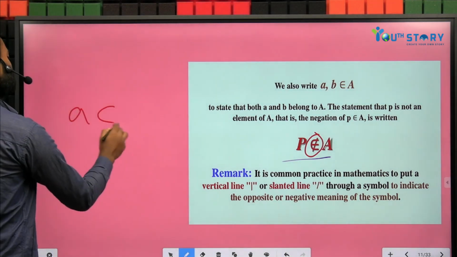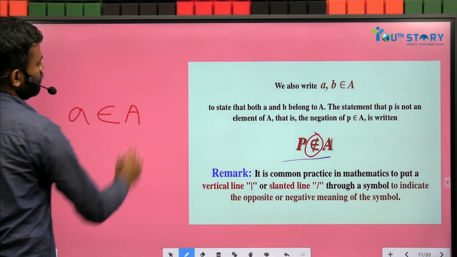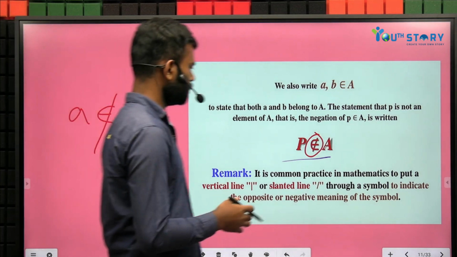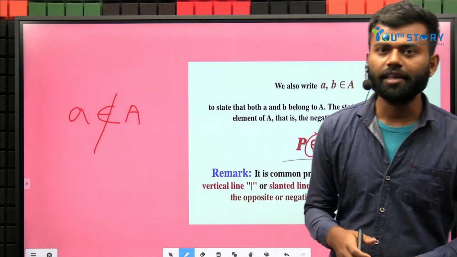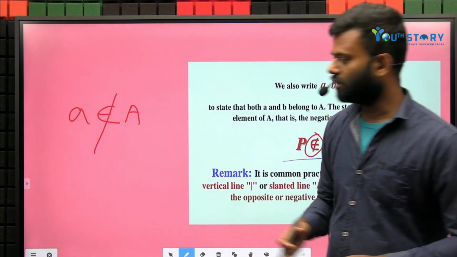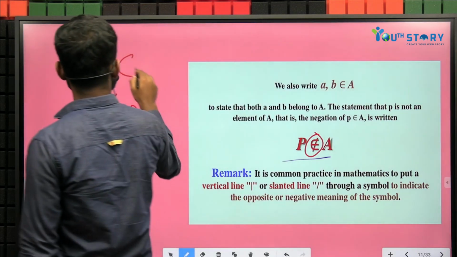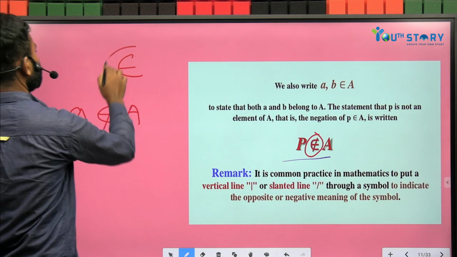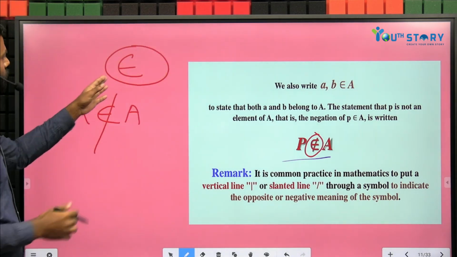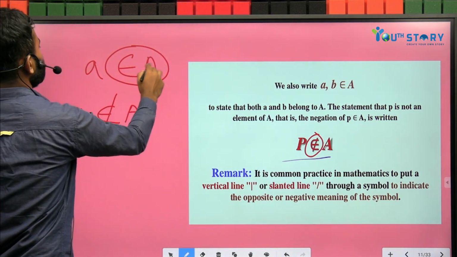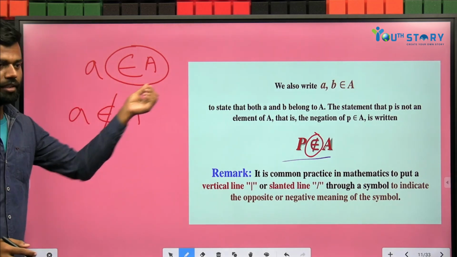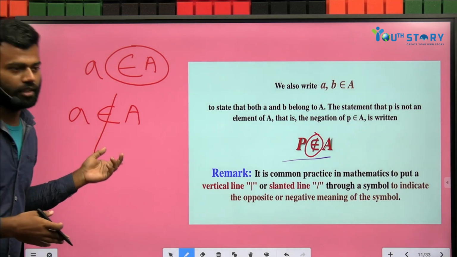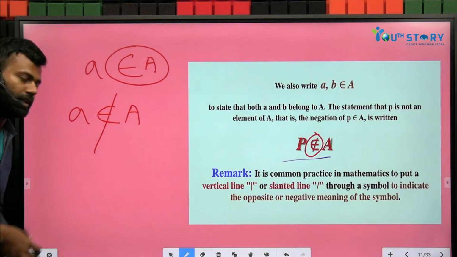Suppose a belongs to capital A. This tells us that small a is a member of capital A, but the negated symbol tells us that a lies outside A, it is not a member of A.